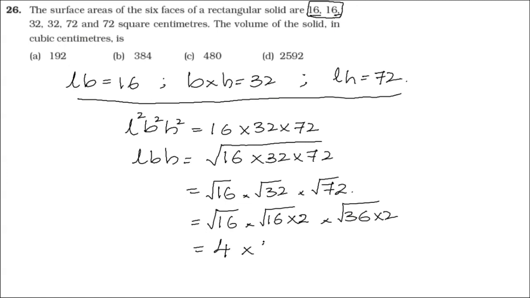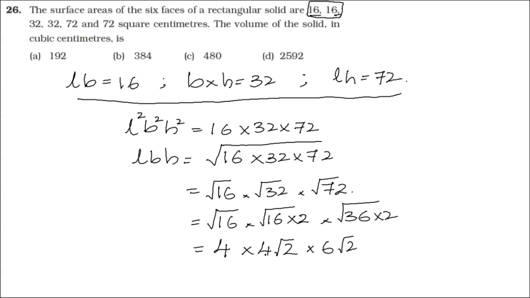Root 16 is 4 and root 2 remains; this will be 6 times root 2 because 36 is 6 square. Root 2 into root 2 when you multiply becomes root 4 which is 2.